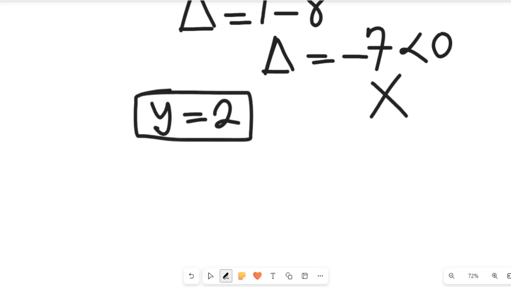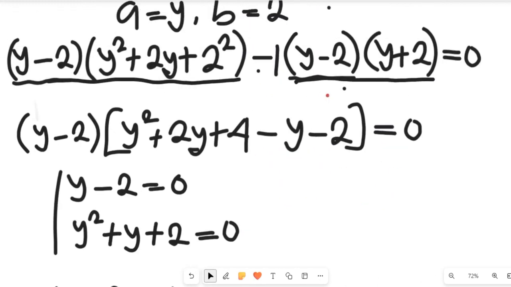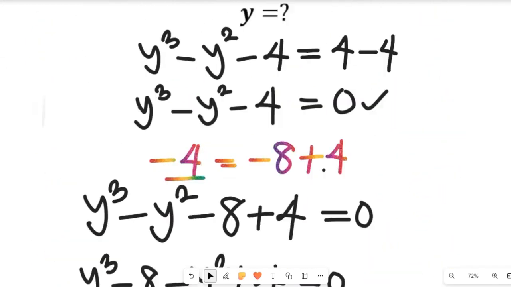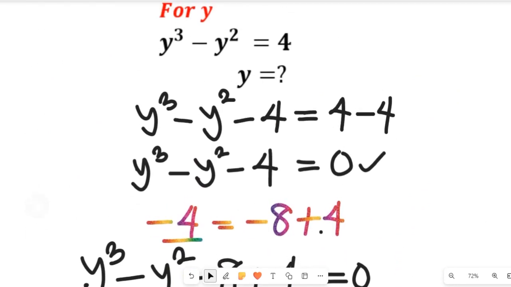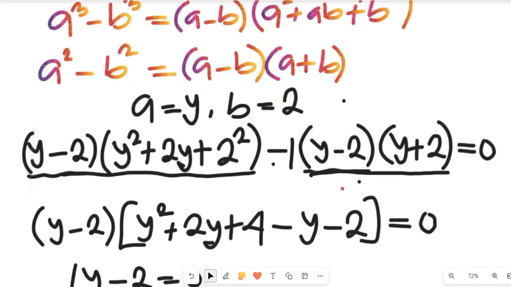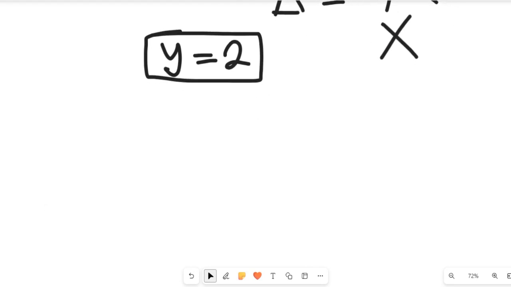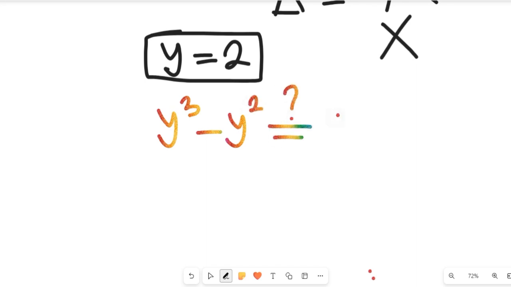Now let's check to see if our solution is absolutely right. From the initial expression we are given y to the power of 3, that's y cubed, minus y squared equal to 4. So let's insert a value of y equal to 2 into the expression to see if our solution is right. Is y to the power of 3 minus y squared going to give us 4?